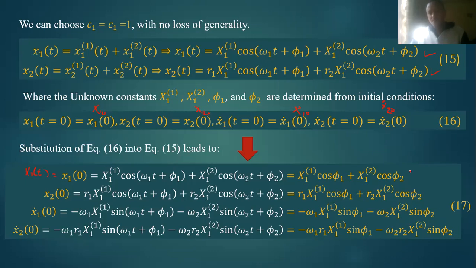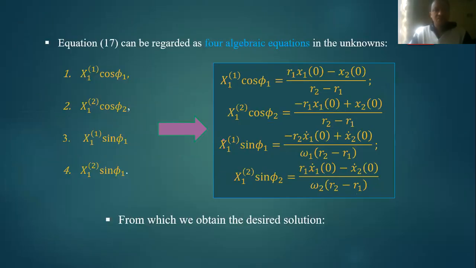So from these 4 equations, just looking into the 4 equations here, we can get the following expression. In the 4 equations, we can see x1 of 1 cos phi 1, x1 of 2 cos phi 2, x1 of 1 sin phi 1, x1 of 2 sin phi 2.